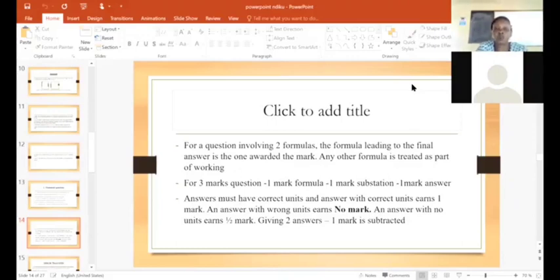For a 3 marks question, the first mark goes to the formula, the second mark goes to substitution, and then the last mark goes to the answer.